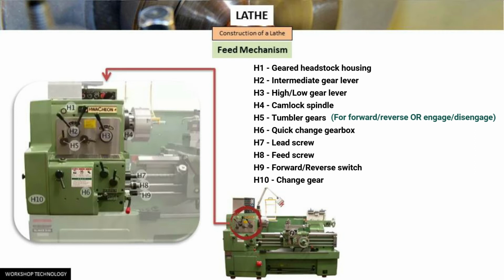H6 is the quick change gearbox. It has 4 selectors and 3 levers. H7 is for lead screw operation. H8 is for feed screw. H9 is the forward reverse switch, and H10 is to change the gear.